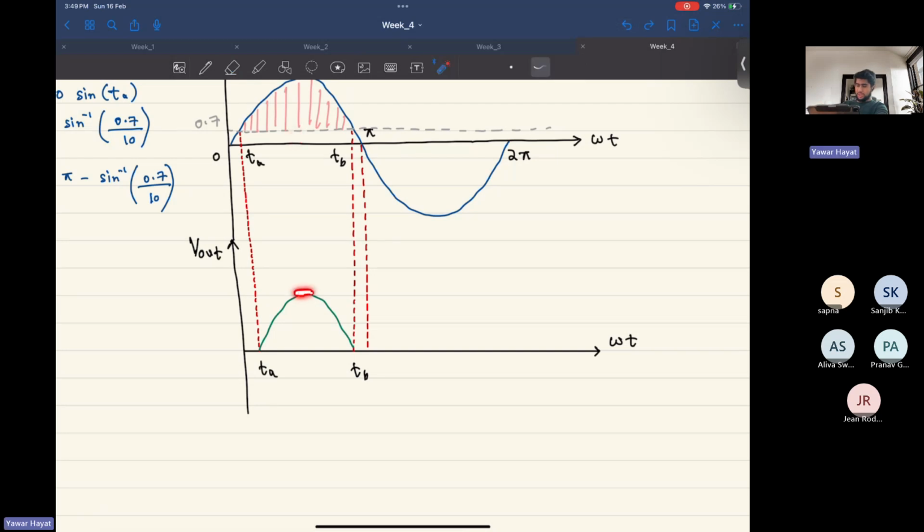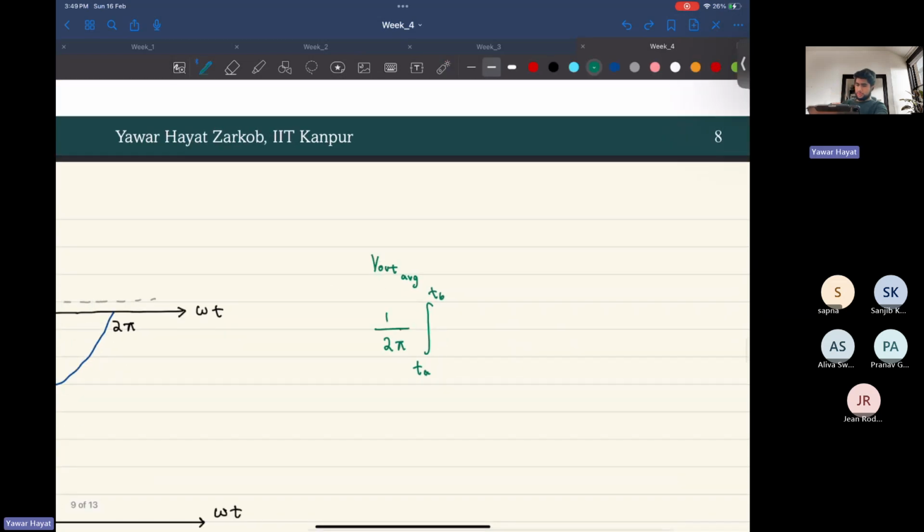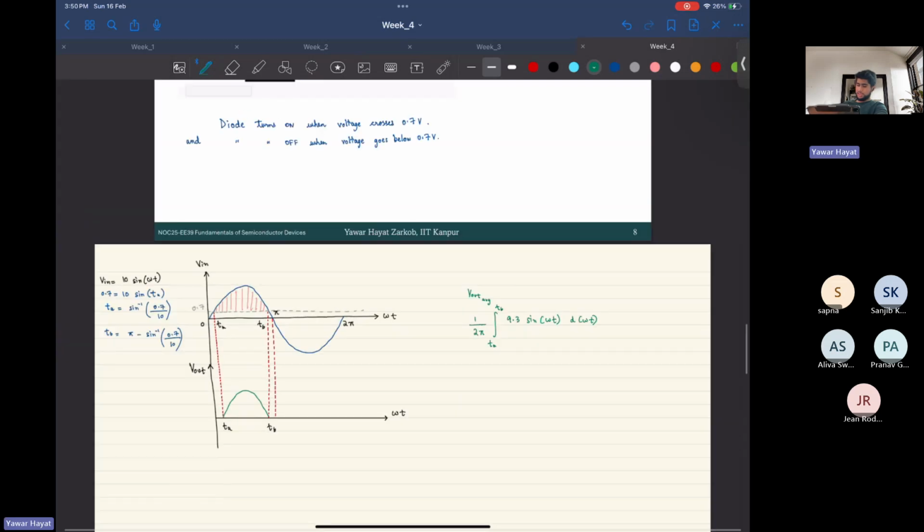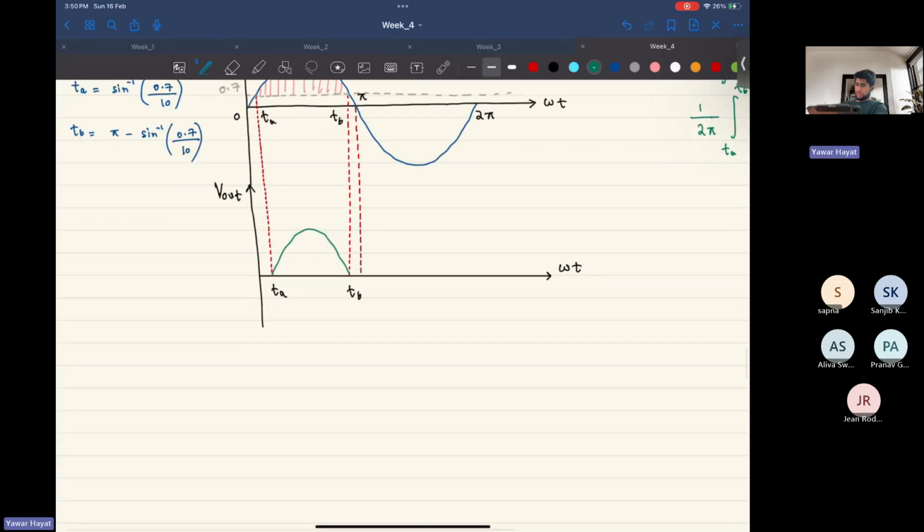So this value would be 10 minus 0.7, that is 9.3. So this would be 9.3 sine of omega t d omega t, right? We'll take the average of this.